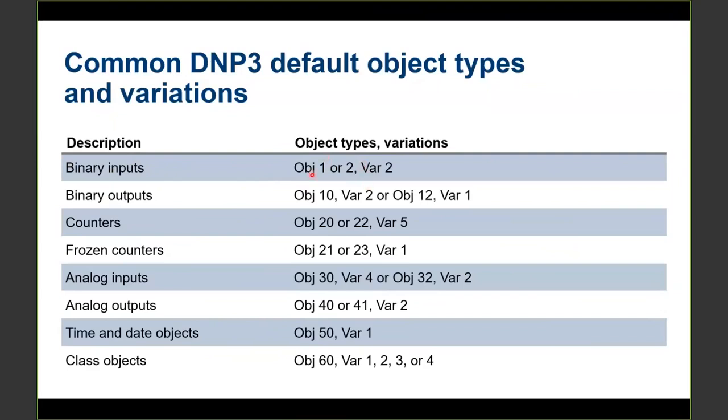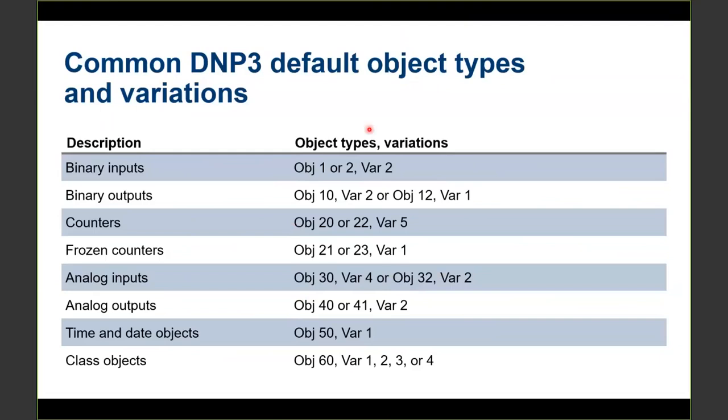Object 1 is for static binary inputs, and object 2 is for binary input change, so for binary input events to send to the master station. And similarly for analog inputs, we have object 30 for static analog inputs and object 32 for analog input events.